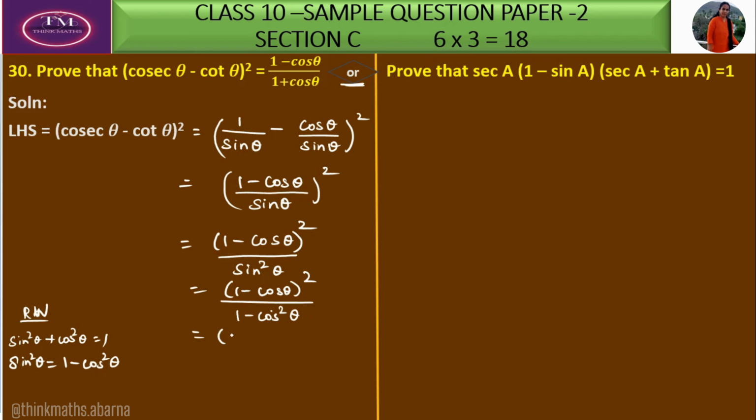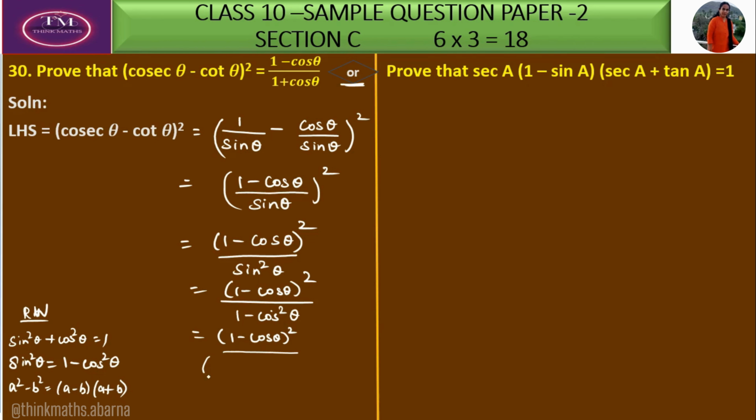So numerator (1 minus cos theta) whole square. What is in the denominator? It is 1 minus cos square theta. That is, 1 can be written as 1 square, so a square minus b square. What is a square minus b square? It is (a minus b) into (a plus b). So a is 1, b is cos theta.